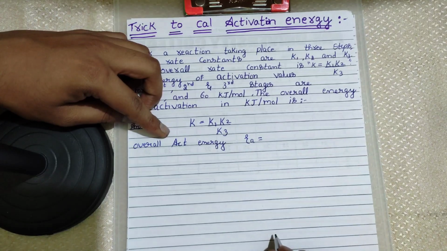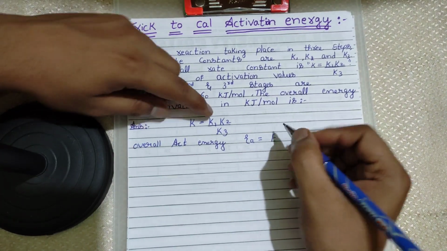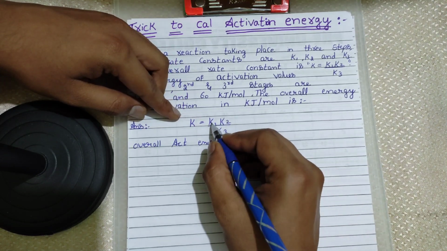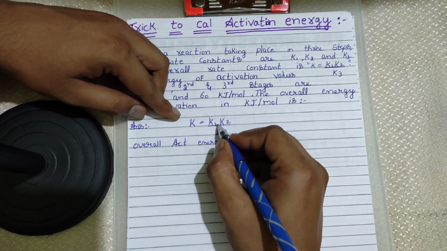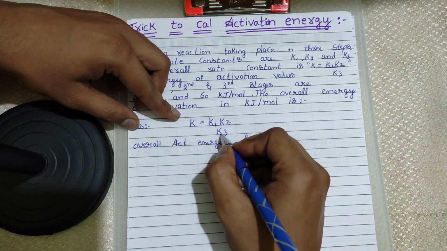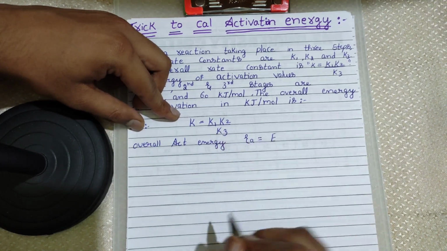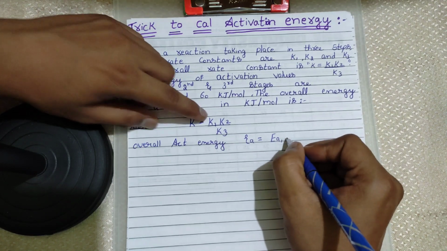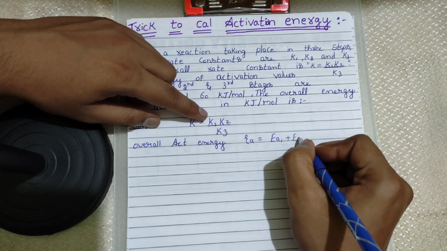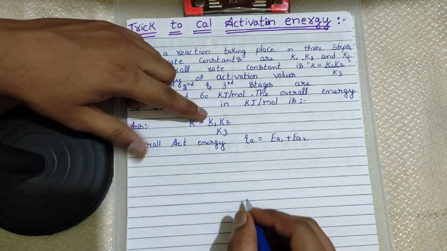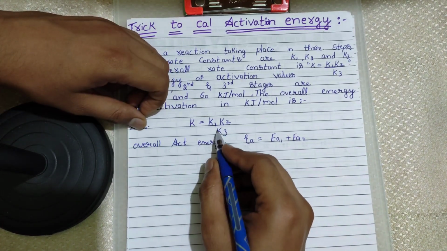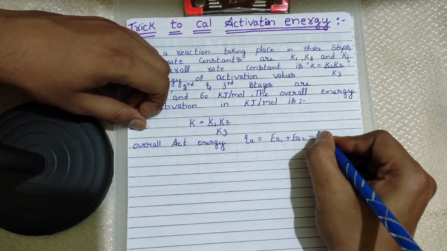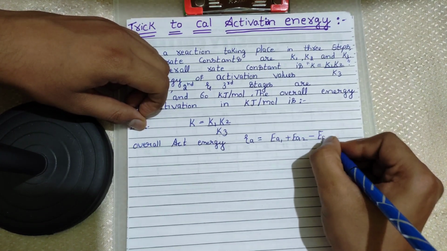K1 and K2 are in the numerator and they are being multiplied, but K3 is in the denominator. So first, K1's activation energy and K2's activation energy we have to add, because they both are in the numerator. Now K3 is in the denominator, so we just subtract K3's activation energy.